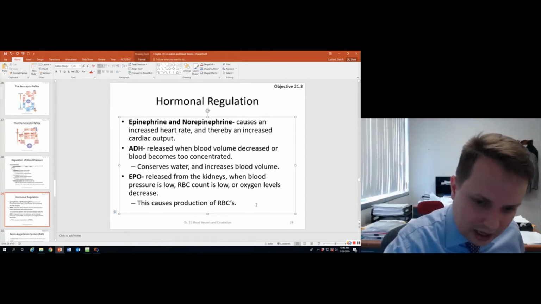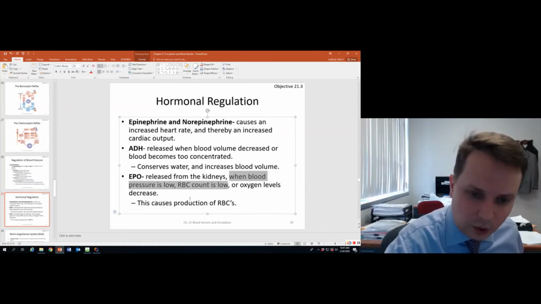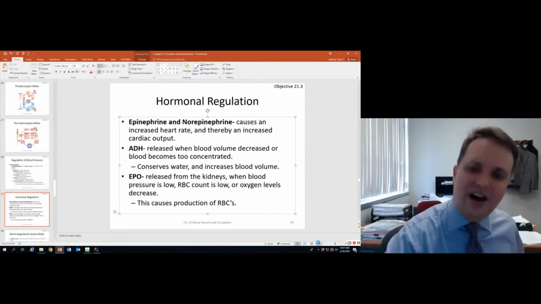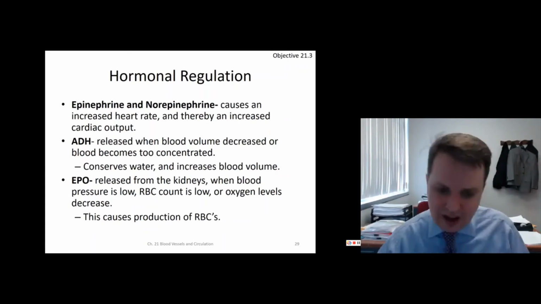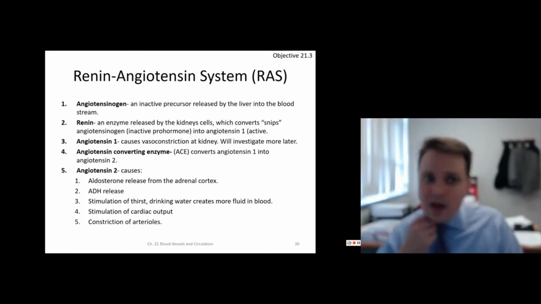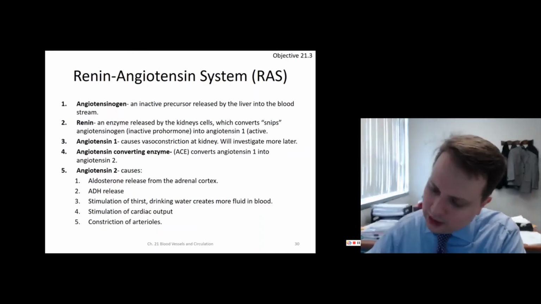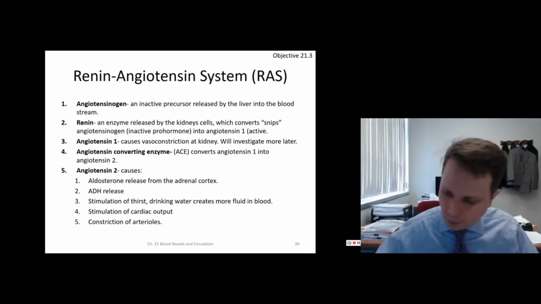Let me highlight that real quick so that you have that and it's fixed. I'm always finding little typos because I type my notes and I have no editors, and I had to make a lot of notes.